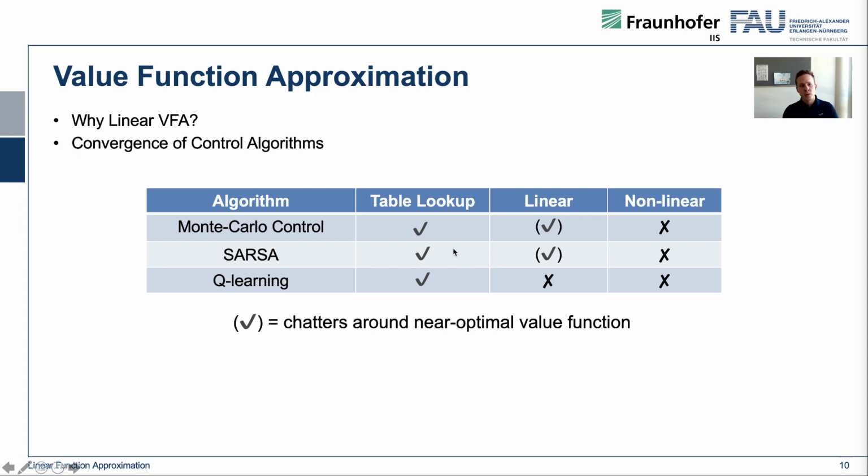There is no proof for Q-learning for the linear function approximation case, because you have the off-policy idea and a high per-sample variance, which leads to instability during training and hence a divergence of your values.